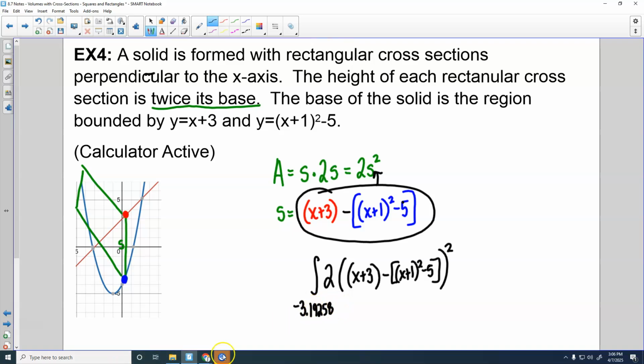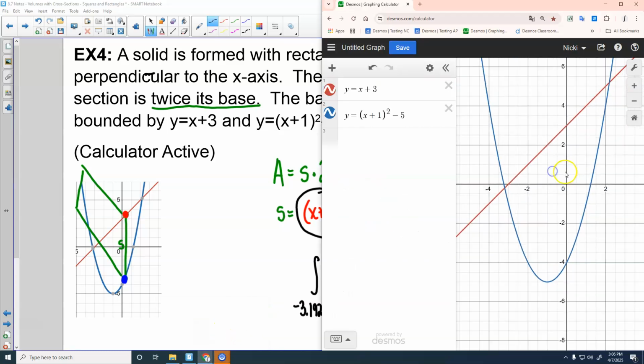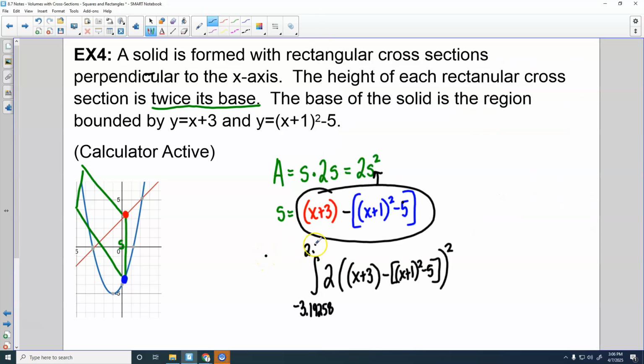And then over here, for the other intersection, we've got 2.19258. So this is what we're going to integrate. I should put a dx over here on the end.